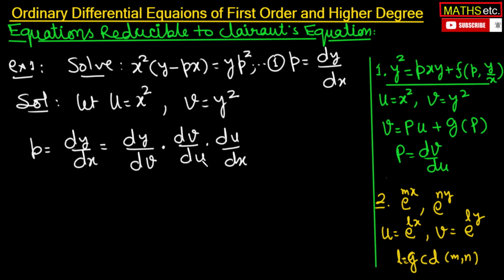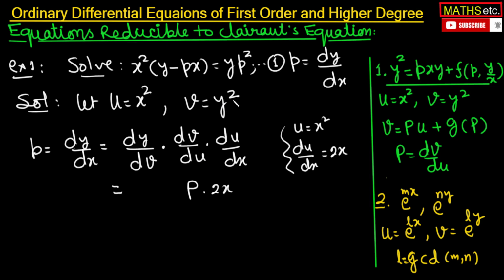Now dv by du, we have a new set of variables. In place of dv by du, we are denoting it by capital letter P. We already know u in terms of x: u equals x square. It means du over dx equals 2x, right? So in place of du by dx, we can write 2x.